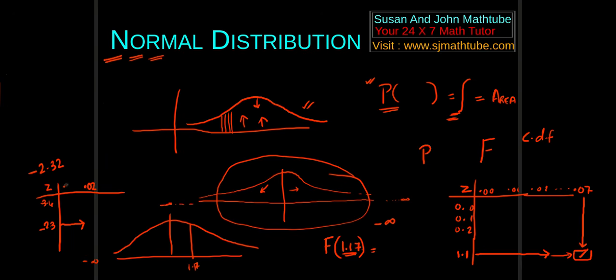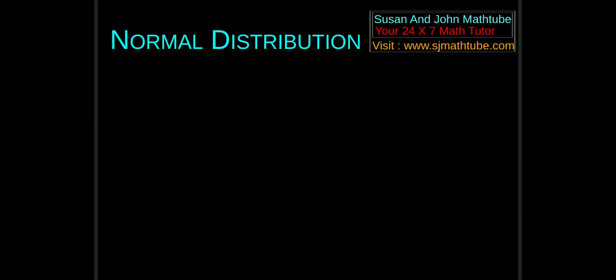You'll be able to see 0.01, and this particular value will be capital F of minus 2.32. That is the area from minus infinity to the point minus 2.32. Okay, we'll be going through that a little bit later.